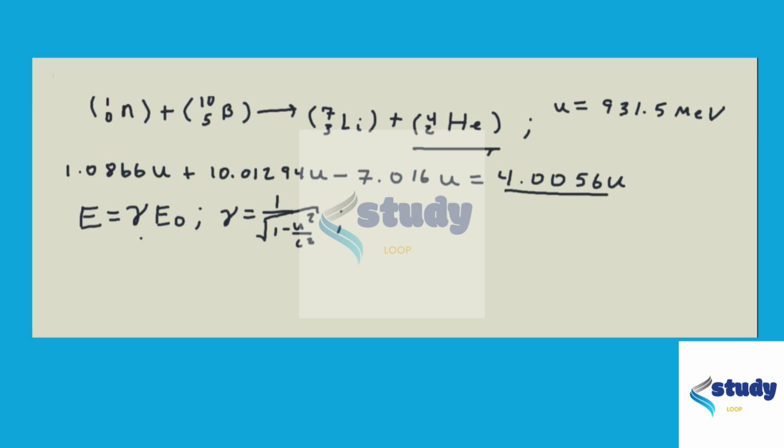So I'm going to solve for what gamma is first. From this equation here, gamma is going to be equal to the ratio of energies: its energy divided by its rest energy. When I calculate this energy, I get 3,731.2 MeV.